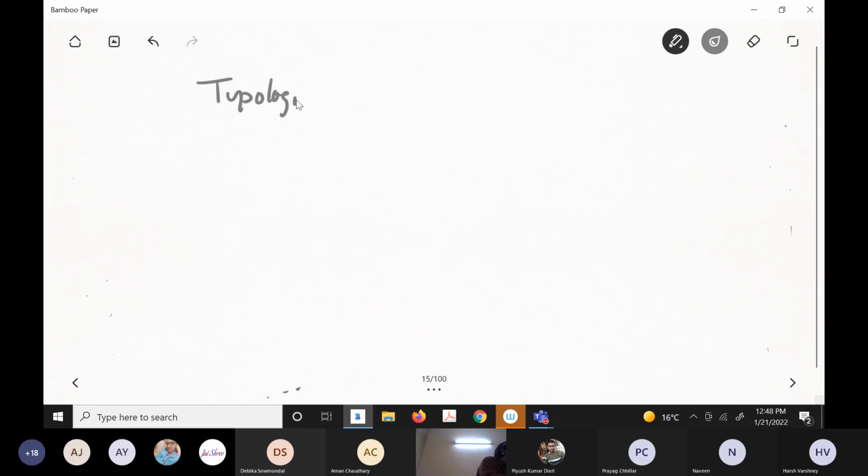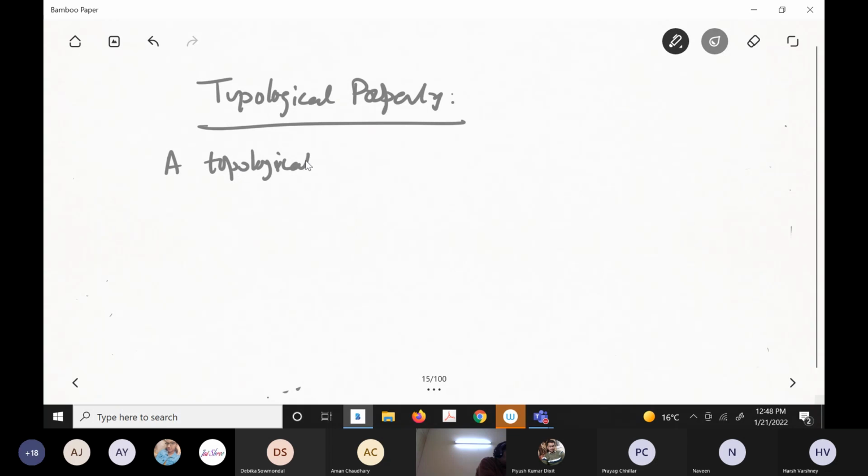What is called a topological property? Definition: let me write this.